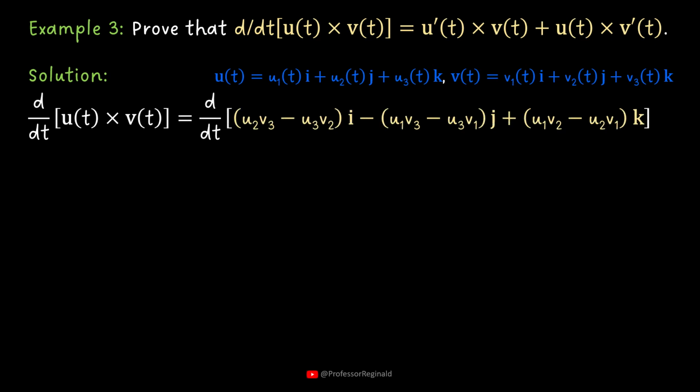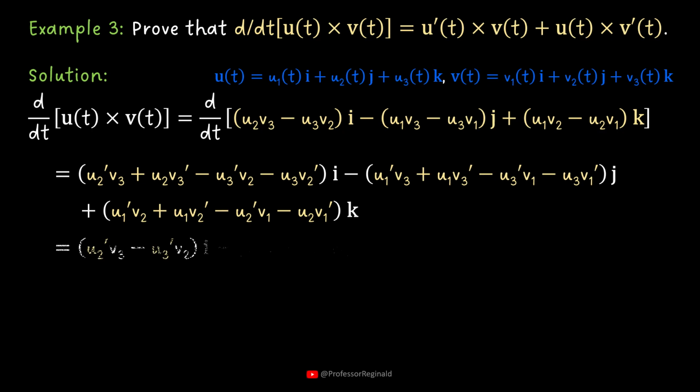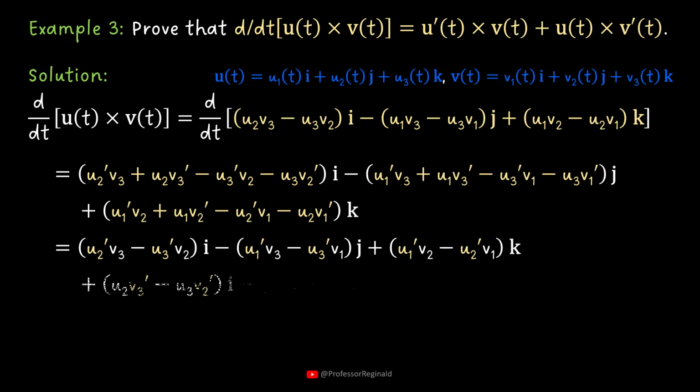Then take the derivative of each term with respect to t by applying the product rule. The result can be grouped into two vectors, one vector where the component functions of vector u are differentiated, and the other vector where the component functions of vector v are differentiated.